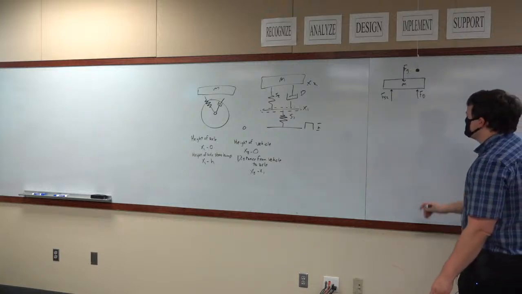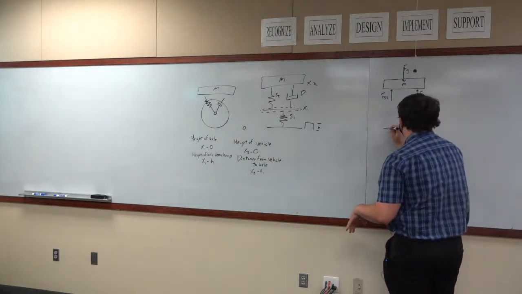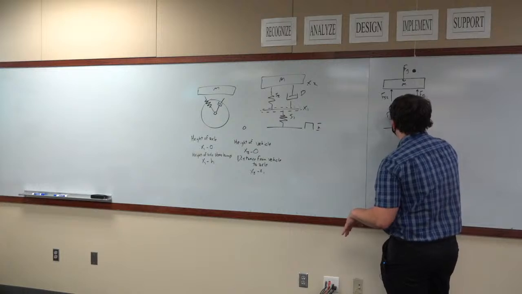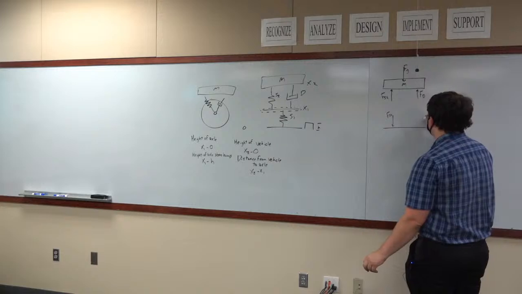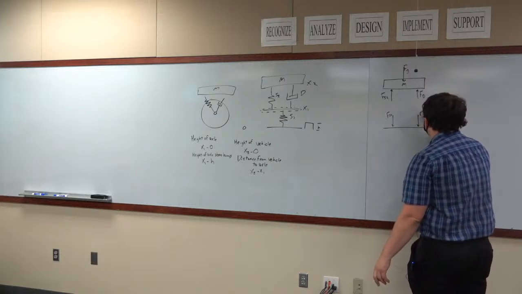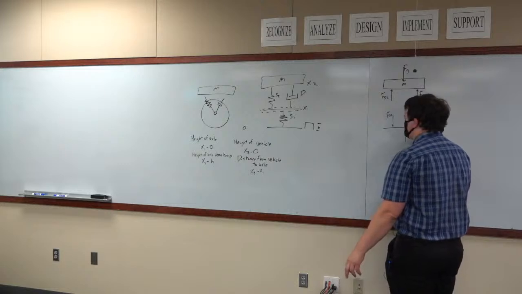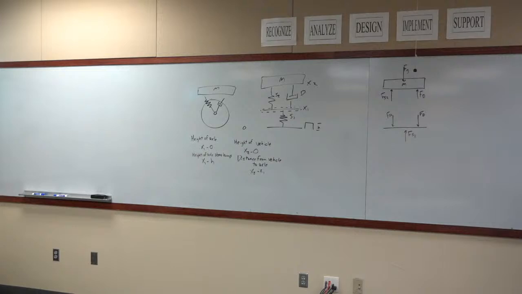Okay, so that's the free body diagram just of the vehicle. For the axle, your free body diagram is you have a downward force, which is equal and opposite in magnitude from the spring, a downward force from the damper, and an upward force from the bottom spring. Those are our 2 free body diagrams.